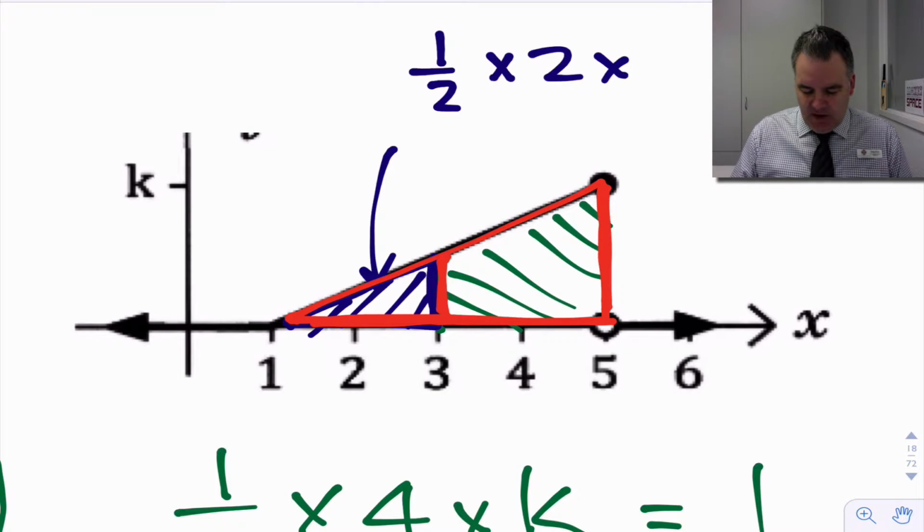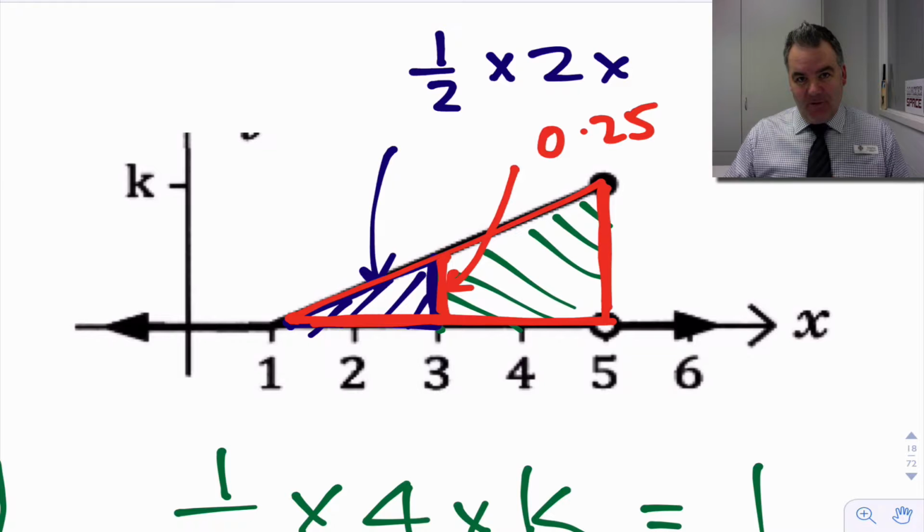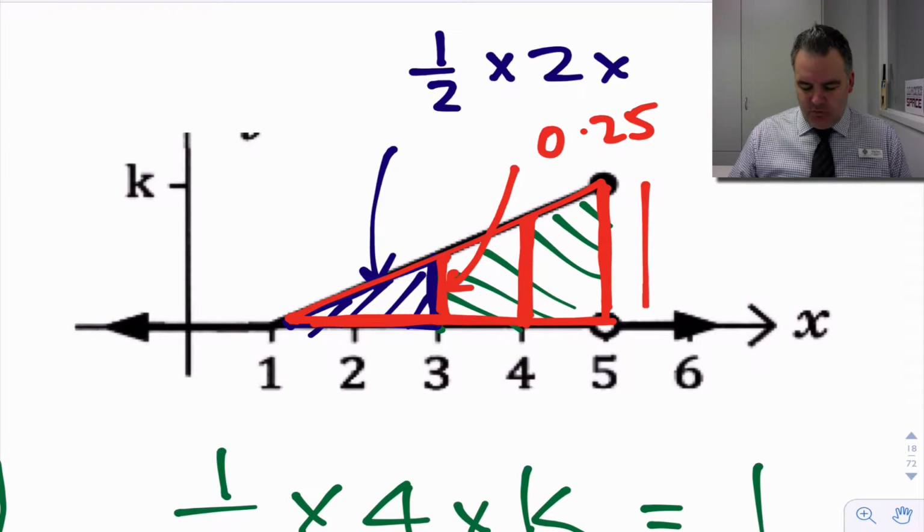So if we know that that is a half, we know that that length right there is going to be a quarter, or 0.25. Okay, so that's a little bit of similar triangles there will help you to see what that height is. And similarly, if we moved it so it was 3/4 the way along, then this height here would be 3/4 of the total full height there. Okay, similar triangles.